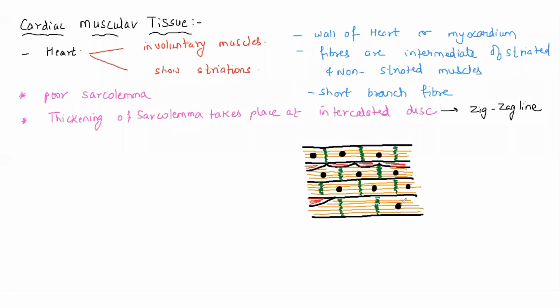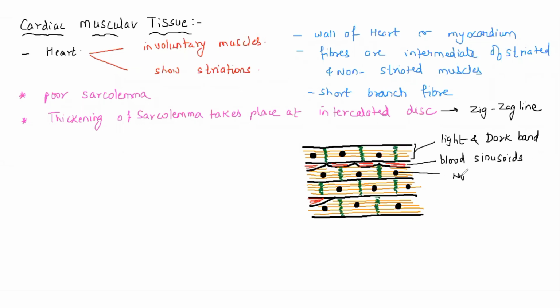Let's do the labeling also so that things become easy to understand. Very first, I will say about this. There is a light and dark band. So this light and dark band are nothing but the striations. Here what you can see, I will say it is blood sinusoids. Then after blood sinusoids, what is present here?